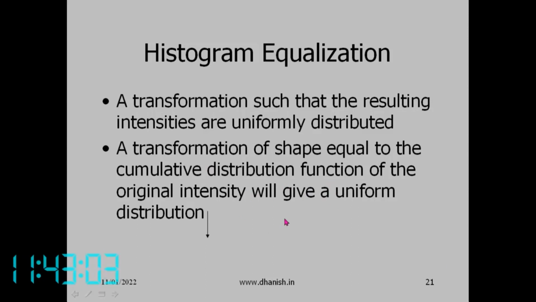So cumulative means you keep on adding. I think in school you would have studied the cumulative frequency polygon. One is the probability density function, and this is the cumulative distribution function.